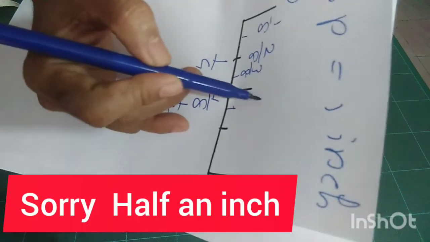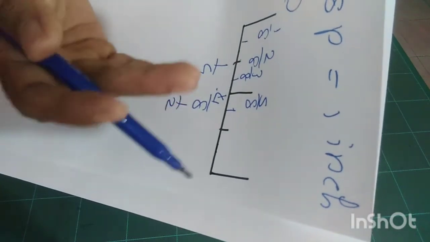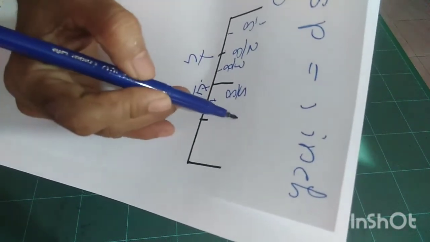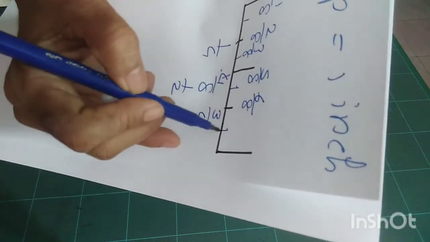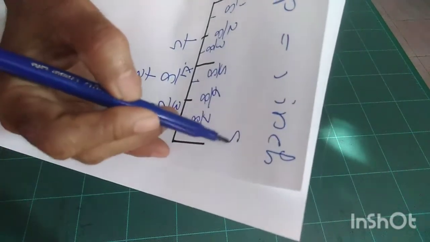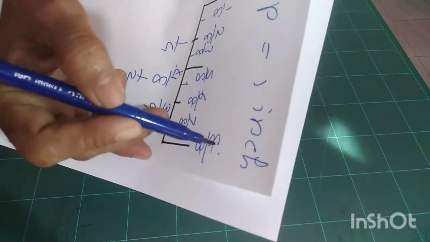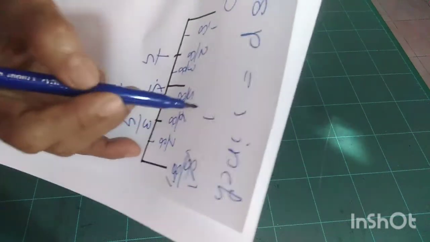Here 5/8 or 5 points, in Sinhala nool pahai. This one 6/8 is equal to 3/4. Here 7/8, and this fraction we can minimize. Same 1 inch.